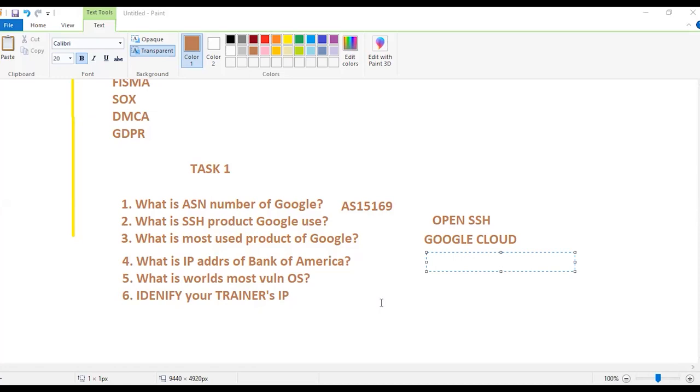What about the rest? Uma, how did you find these IP addresses? What did you guys do? There are three IP addresses. Justin, how did you find this IP address?